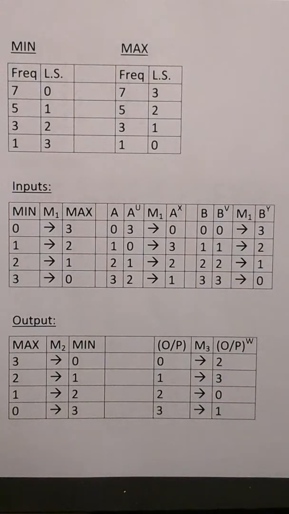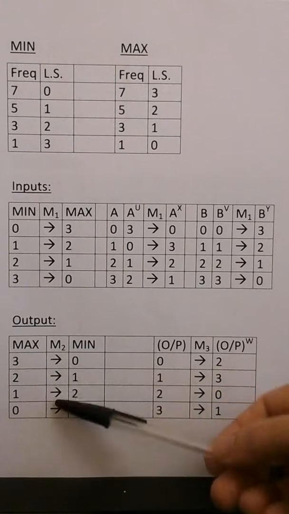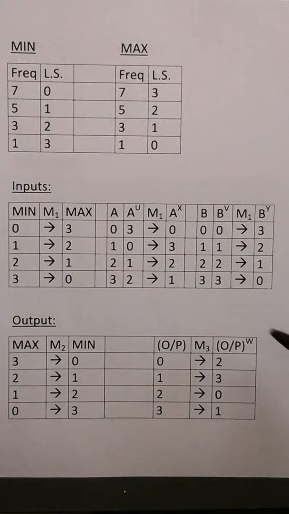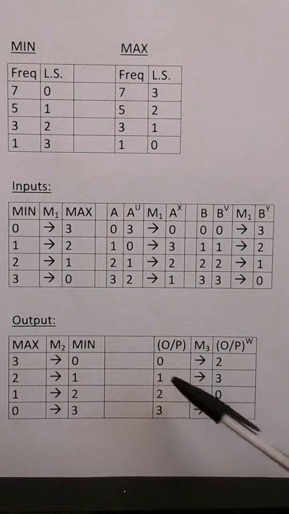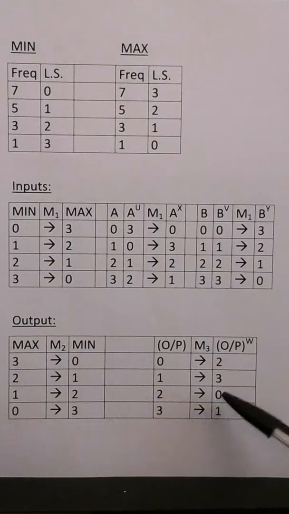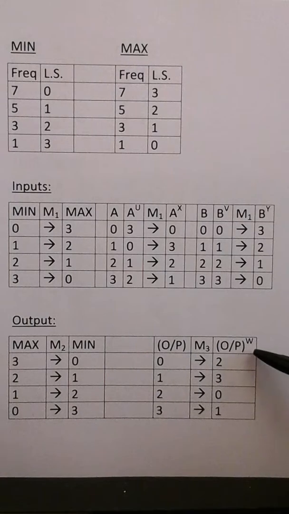So this is mapping M2. We'll perform that on the output of the minimum function. So 0 to a 2, 1 to a 3, 2 to a 0, and 3 to a 1. That's mapping M3, that's W, which is the plus plus function, A plus 2 modulo 3.